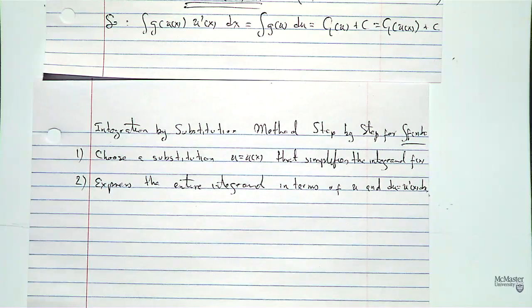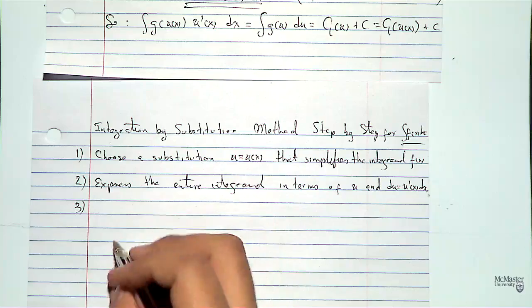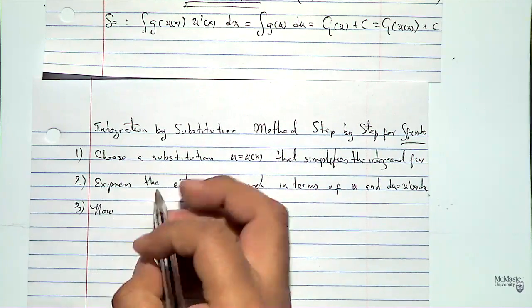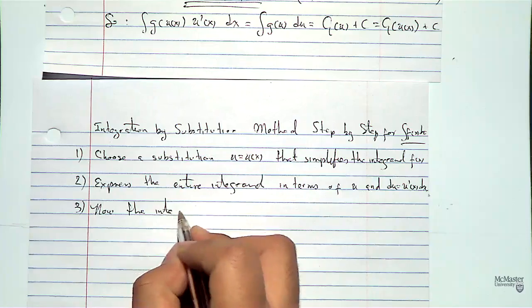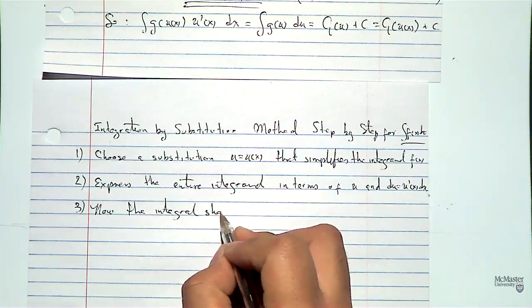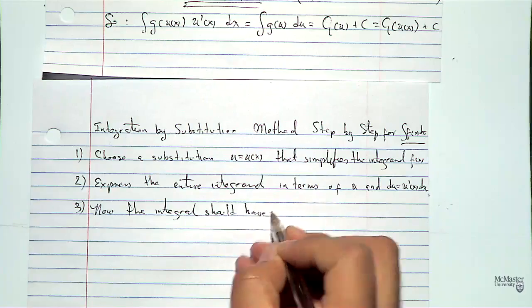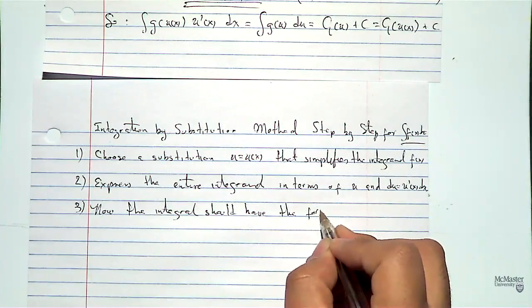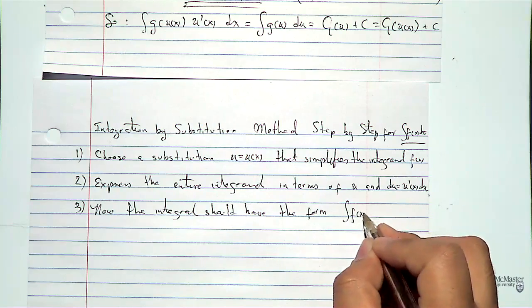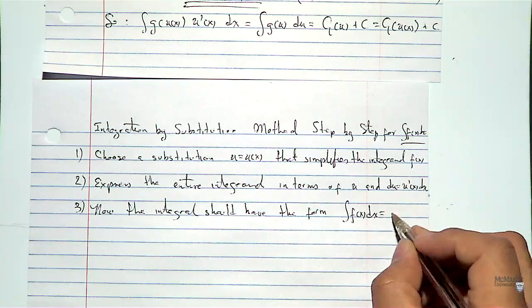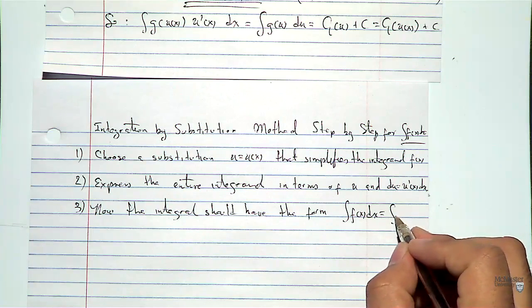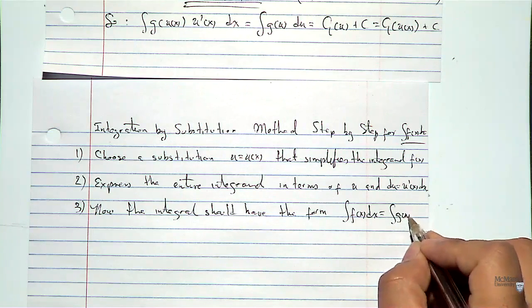So the third part is that now the integral should have the form, having changed the variables from x to u, something of the form, let's say, g of u du.